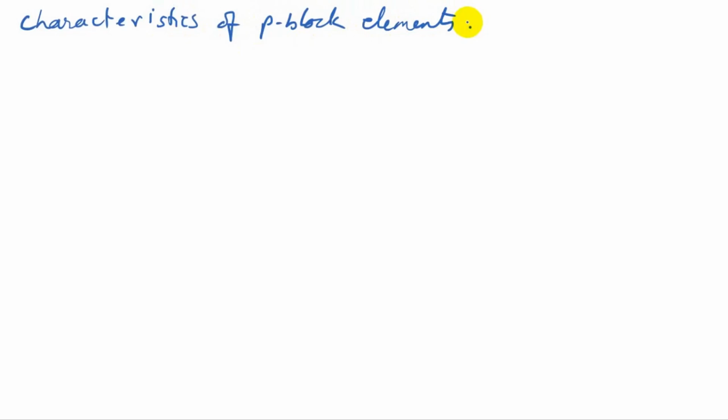P block elements. The first one, as usual, we'll write down the electronic configuration. ns2, np1 to 6. Yeah, the second one.